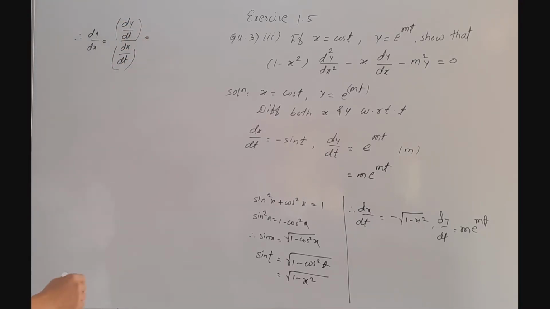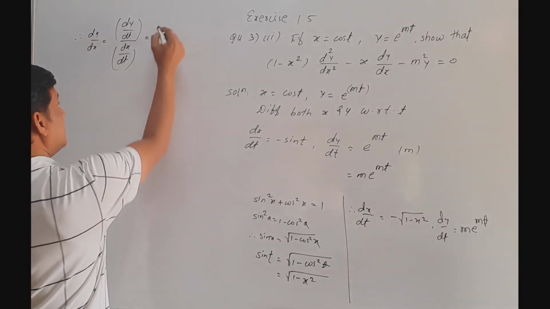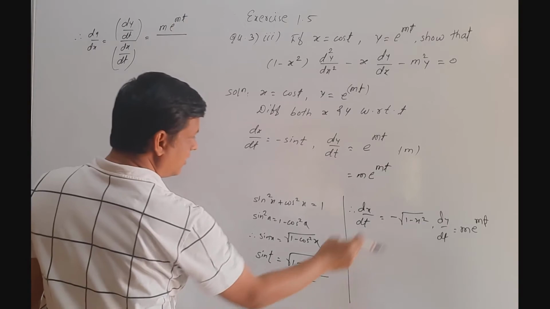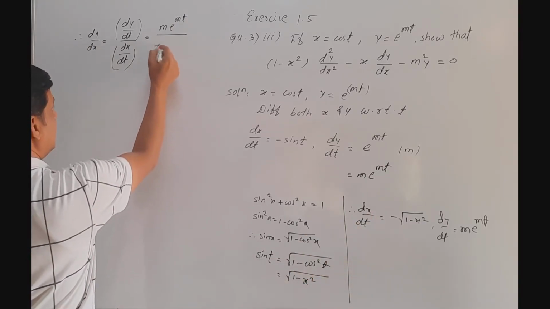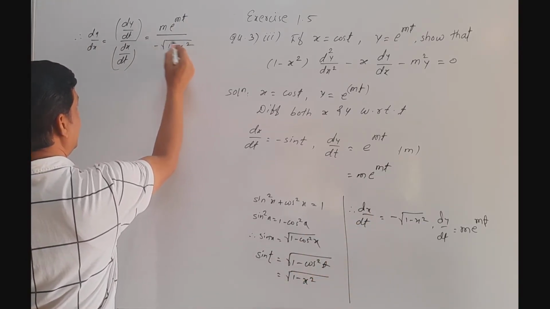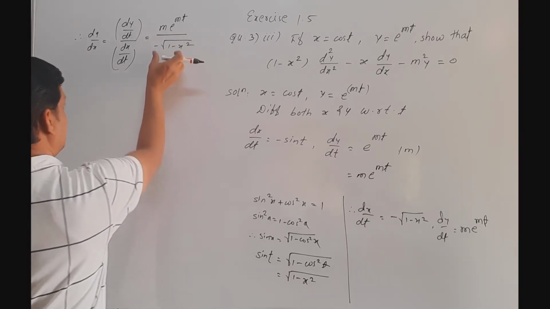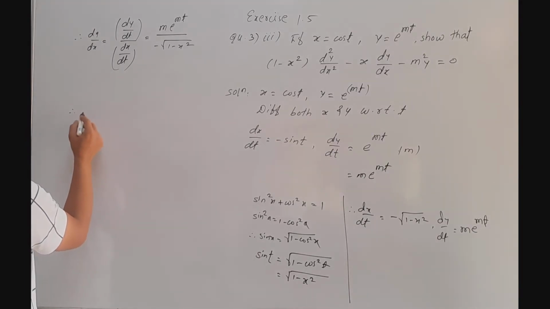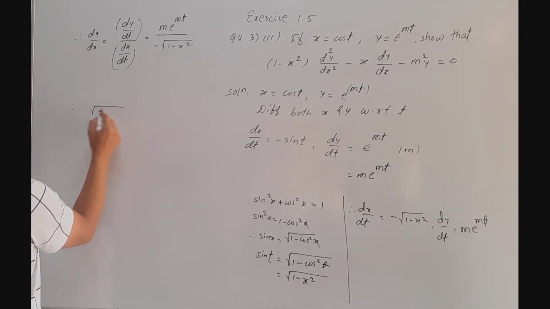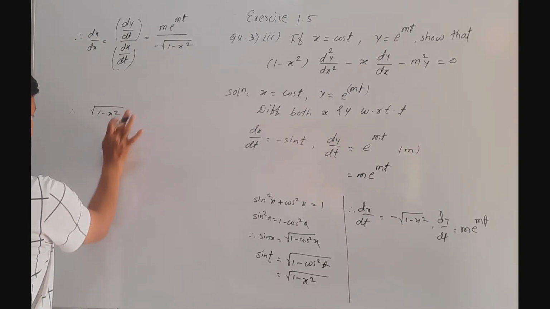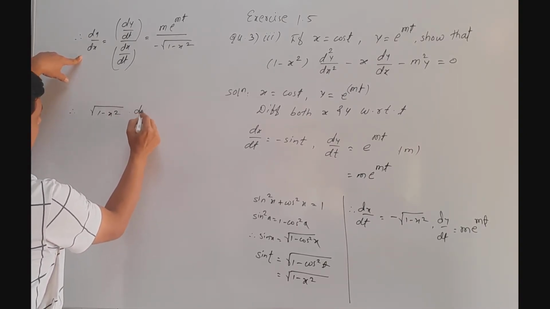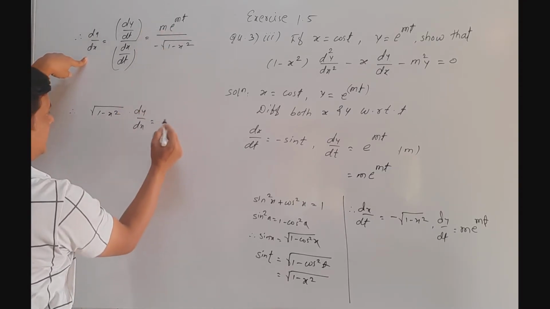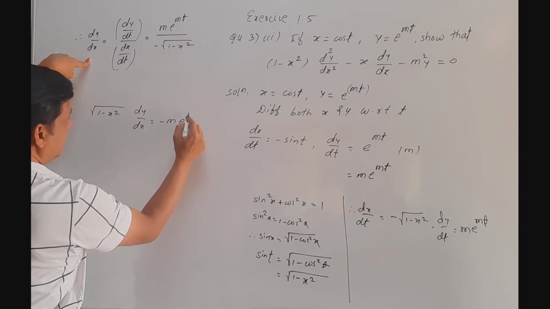Now substitute dy by dt as m e raised to the power mt, and dx by dt as minus root of 1 minus x square. Now we transfer this root of 1 minus x square to the left hand side. So root of 1 minus x square into dy by dx is equal to, so write this minus sign with m. So write minus m e raised to the power mt.